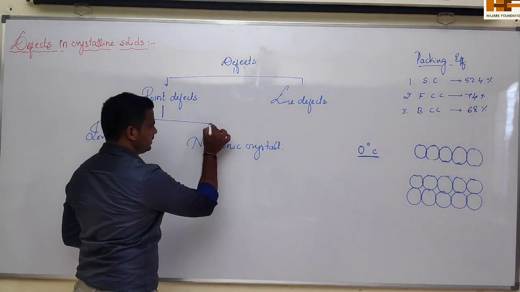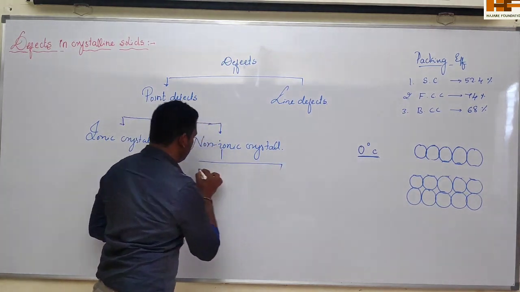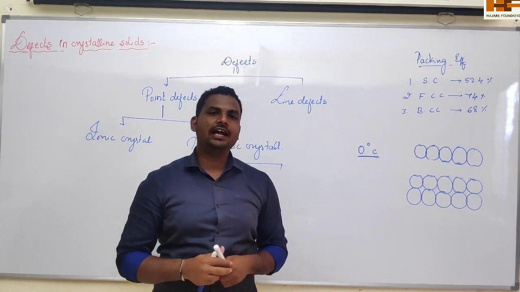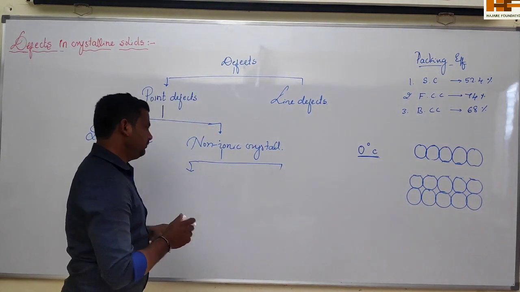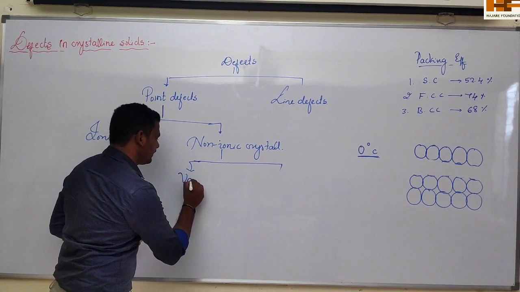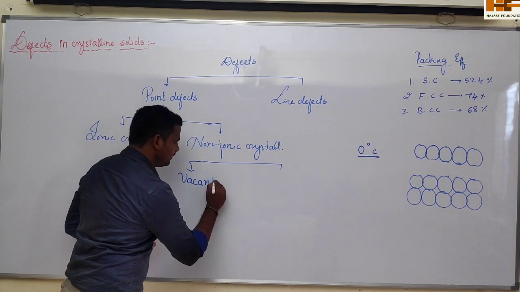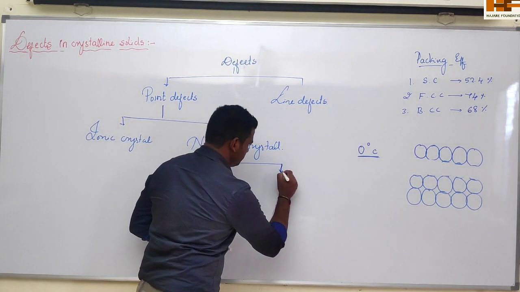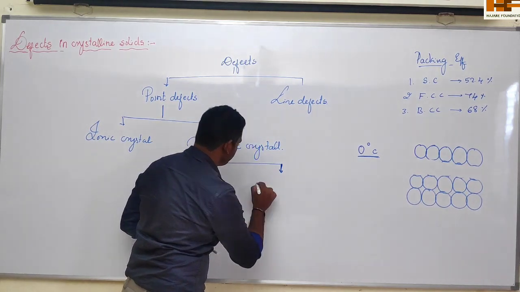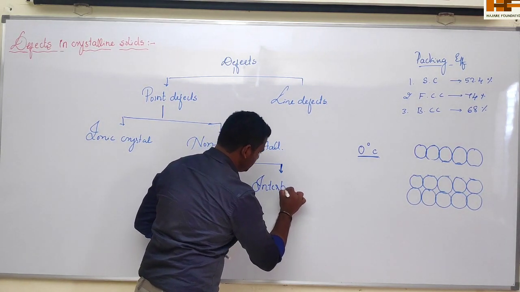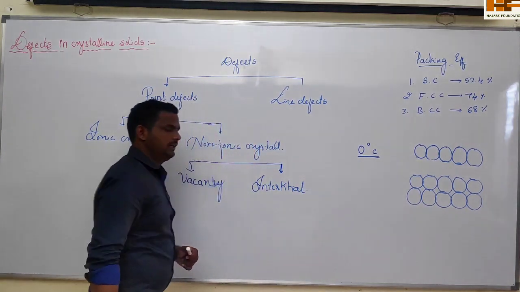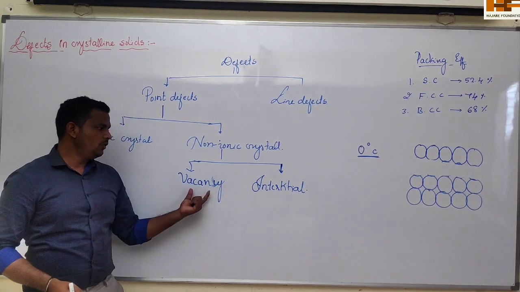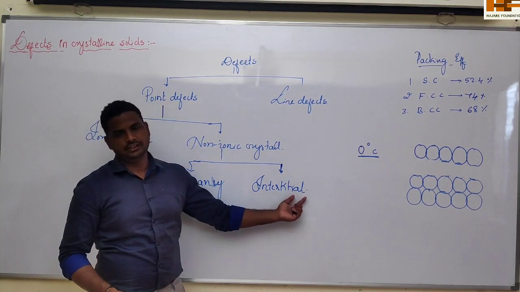In the non-ionic crystal, based on the missing, we have two types: first the vacancy defect, and another one the interstitial defect.